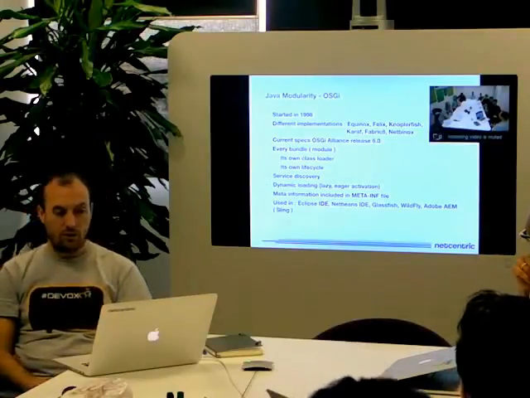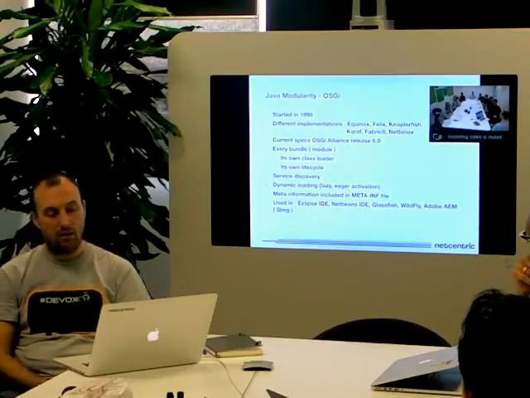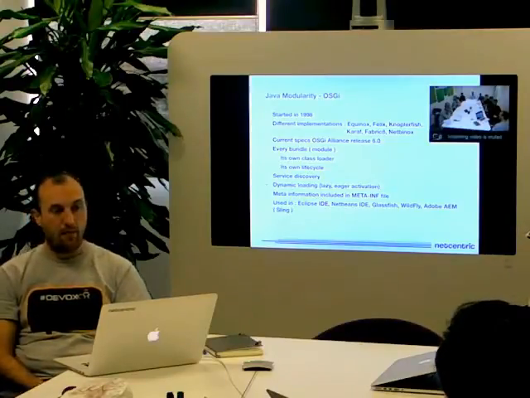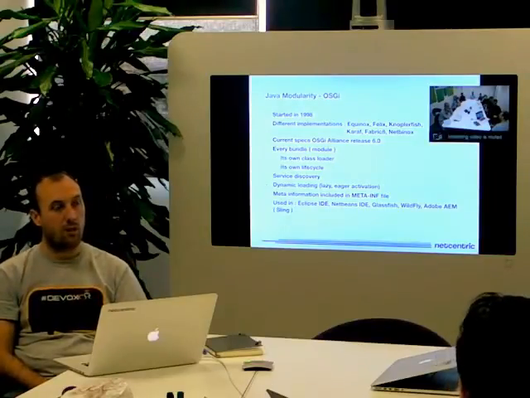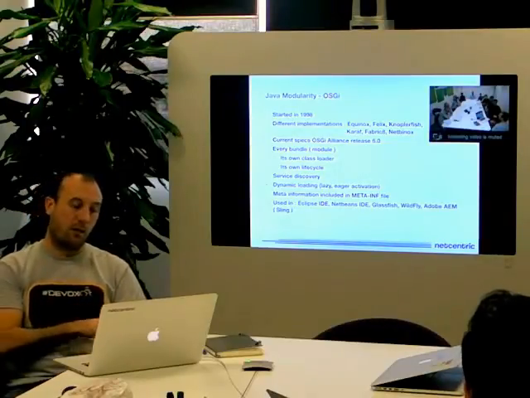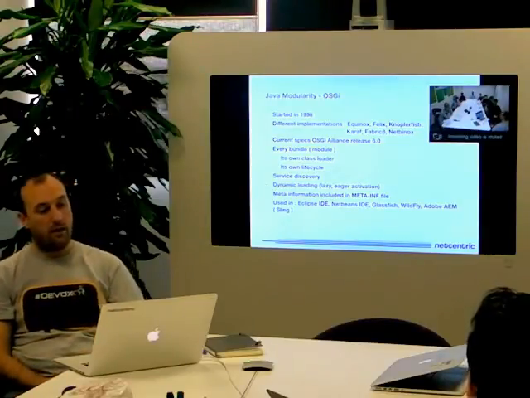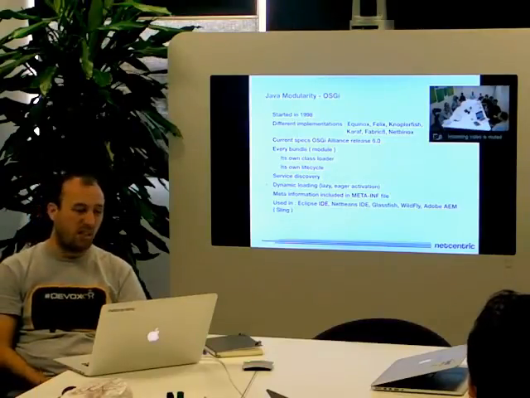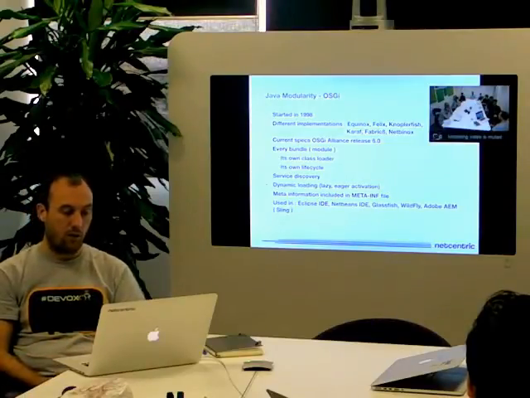The difference between Equinox and Felix is small, they are mainly similar. The problem might be that Equinox can install a different OSGi release, and Felix can have a different roadmap, but basically there are no differences, so you can choose one or the other.